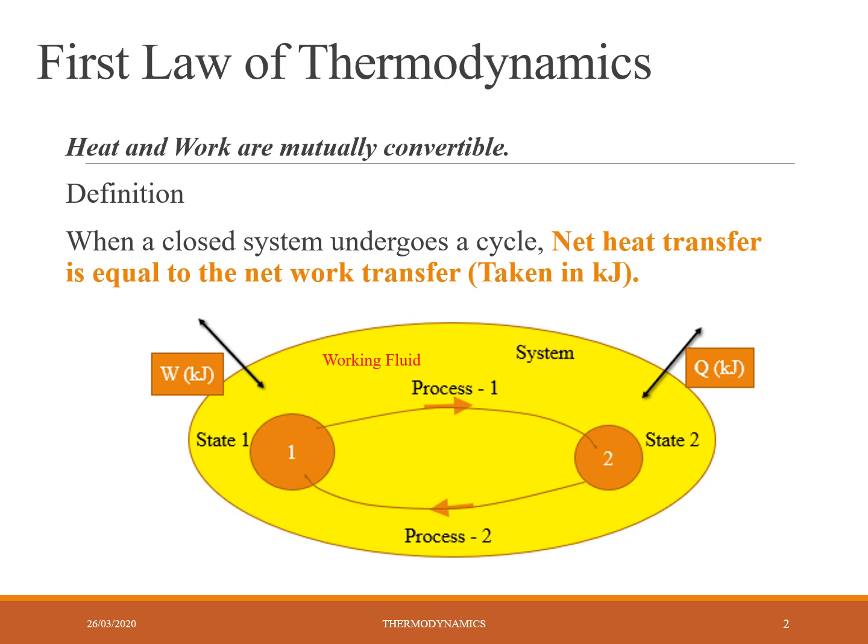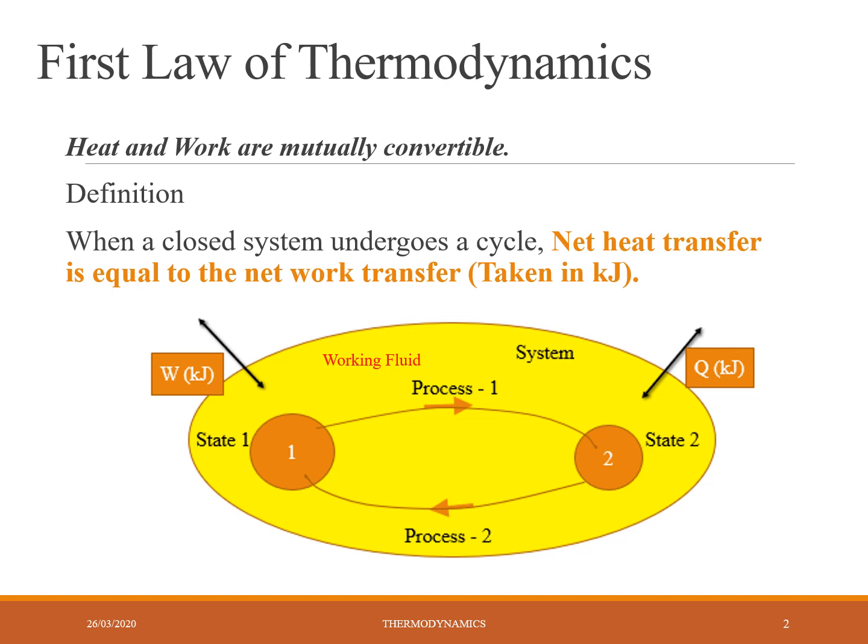So the first law of thermodynamics says that once this process takes place within a closed system, meaning the work employed is not flowing anywhere, the work employed remains inside, and processes take place in a cycle.